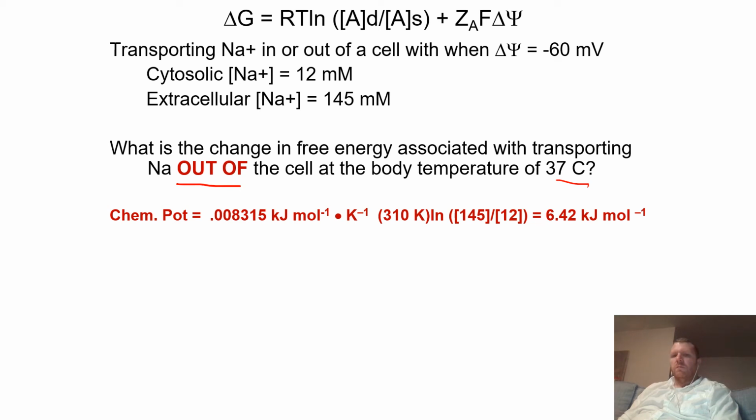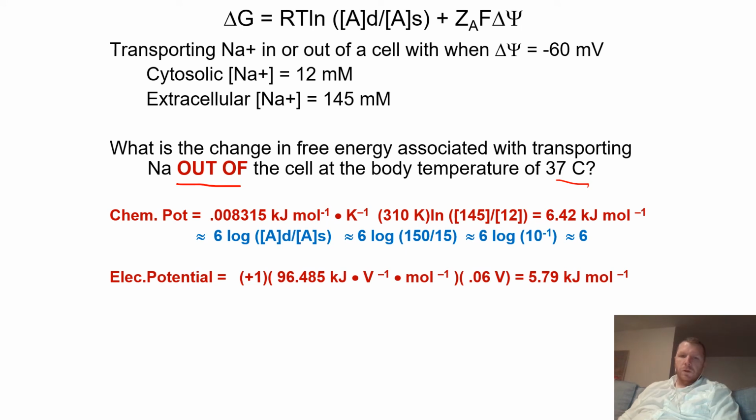So this is a reaction which is overall a positive delta G, which is an unfavorable move. Okay, so there's my quick summary. Now we've got the exact same thing. We've got a positive 1. Faraday's constant doesn't change.